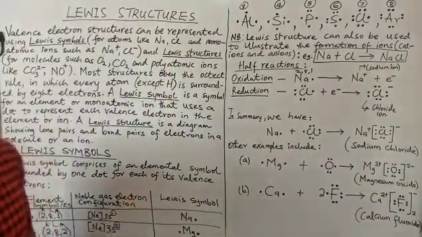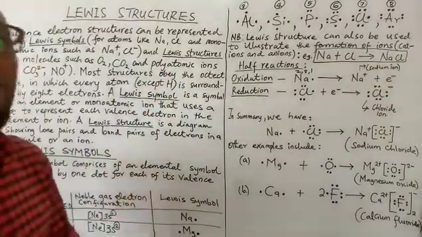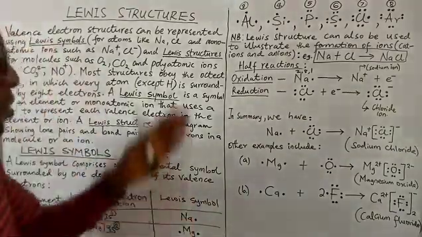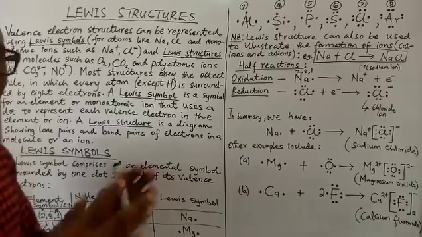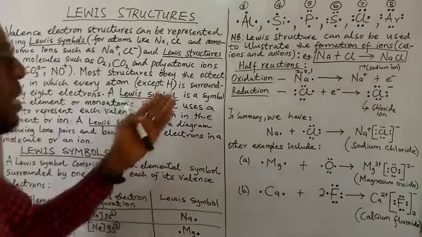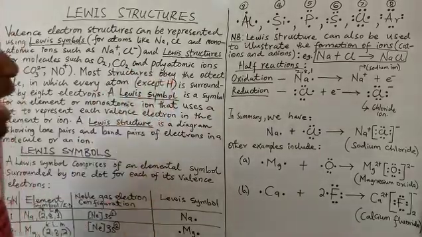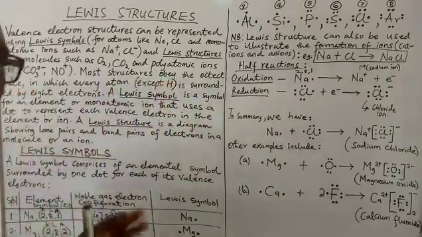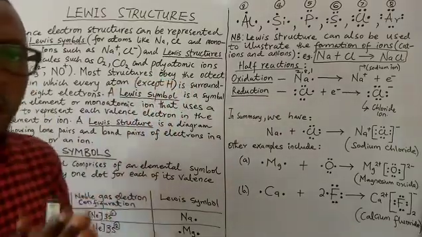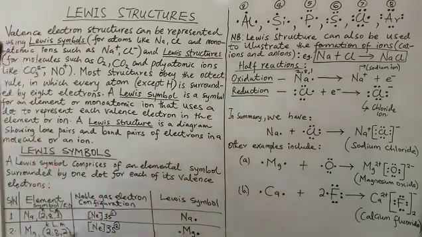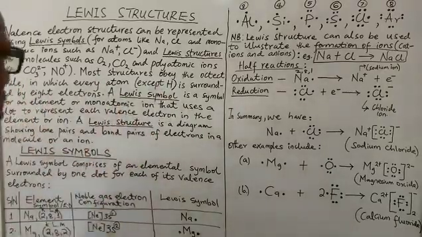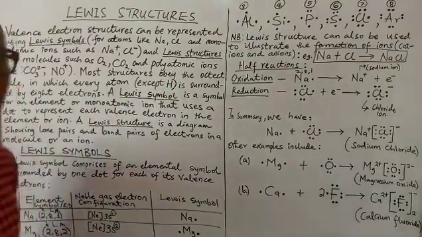That said, it is important to know that whichever structure we are talking about, whether it's a Lewis symbol or a Lewis structure, all of these diagrams are drawn to show that they obey what we call the octet rule. In the octet rule, we are meant to know that every atom, except for hydrogen, is surrounded by 8 electrons.